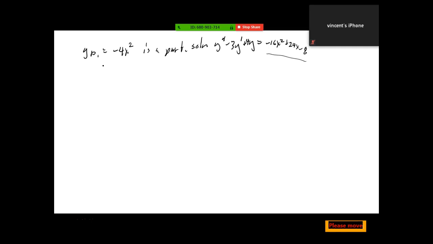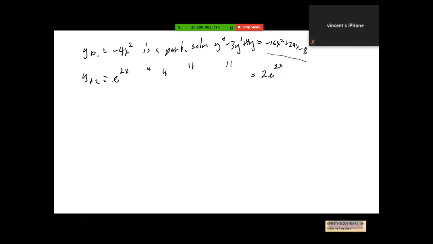Okay? Now, y sub p sub 2 is e to the 2x. And that's a particular solution of the same left-hand side, but now that's equal to 2e to the 2x.